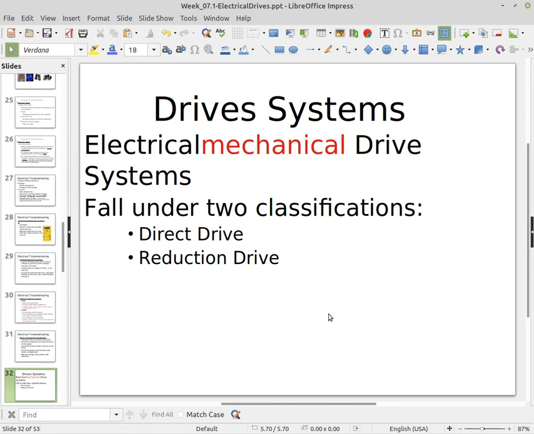So we can do that through what's either called a direct drive, where you pretty much attach the servo motor directly to whatever it is that you want to move, or a reduction drive, which allows us to increase the torque but at the cost of reducing the speed.